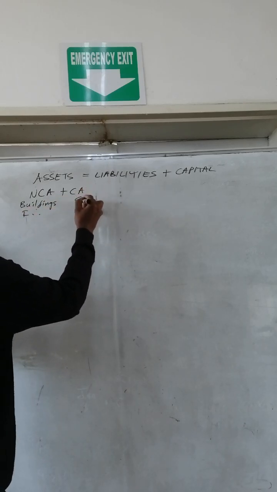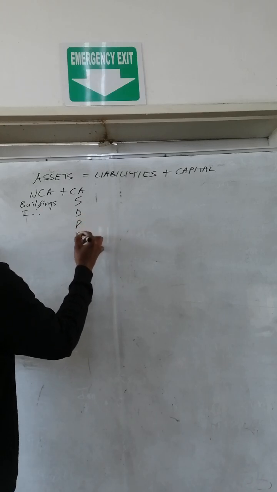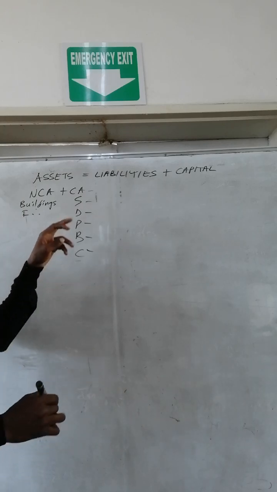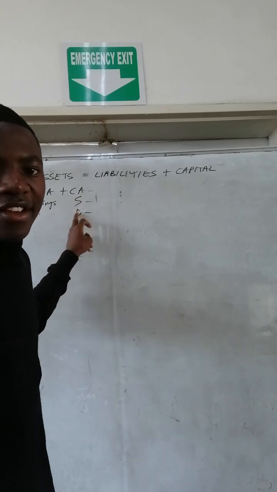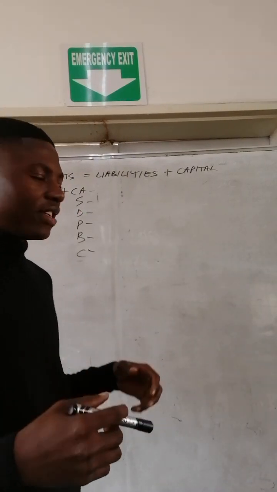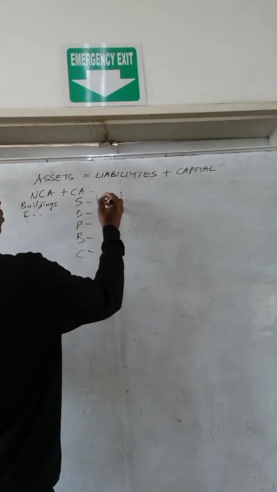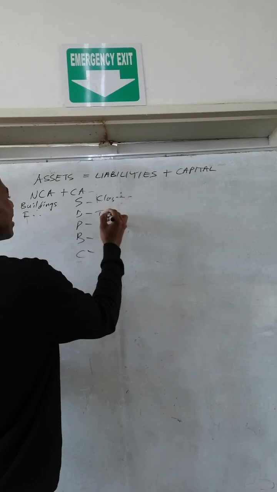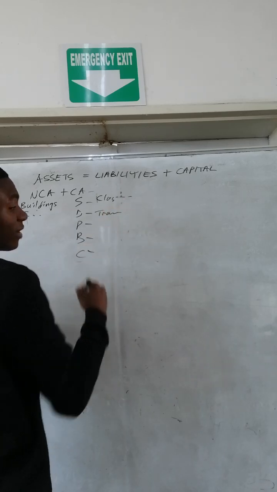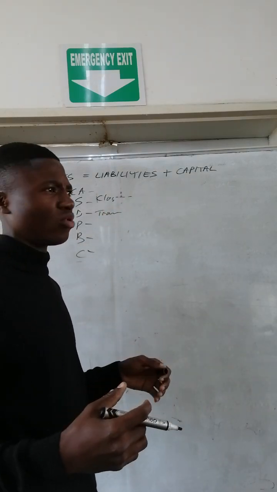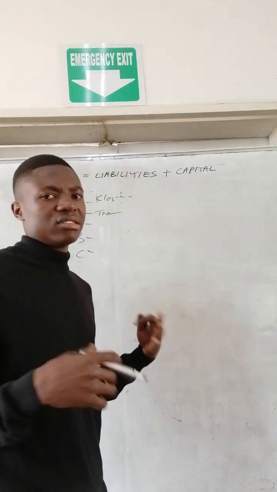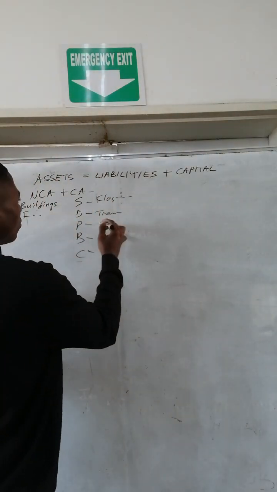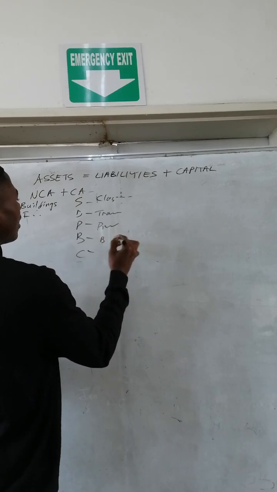On that one we have 7 days party before Christmas, which means we have closing inventory, and trade receivables. Nowadays we don't say debtors, that is not standard, we say trade receivables.